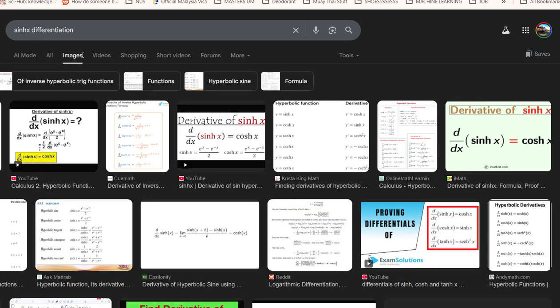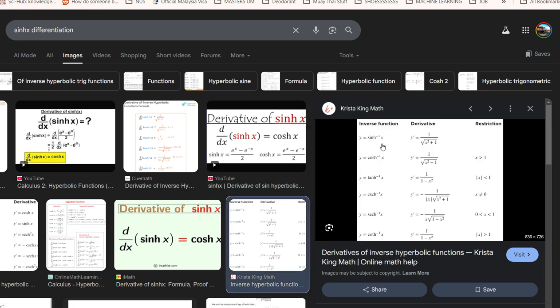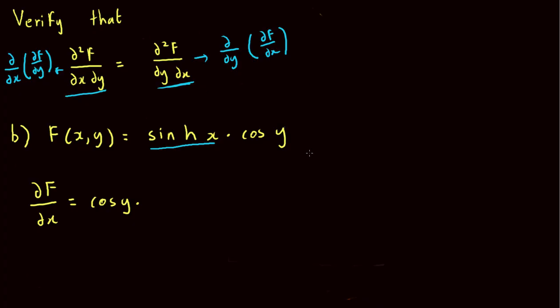Let me double check. Derivative of sine hx is cosine hx. It's the hyperbolic function, not the normal function. So in this case our derivative is obviously cosine hx.